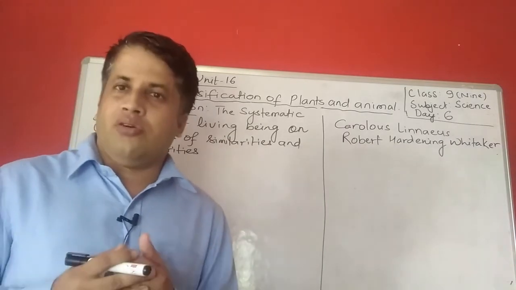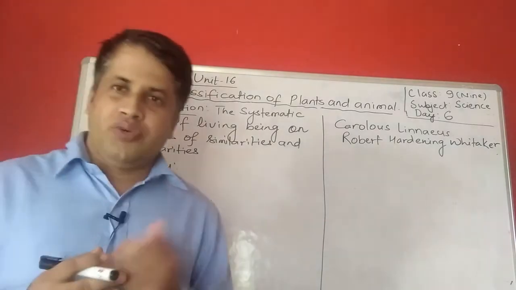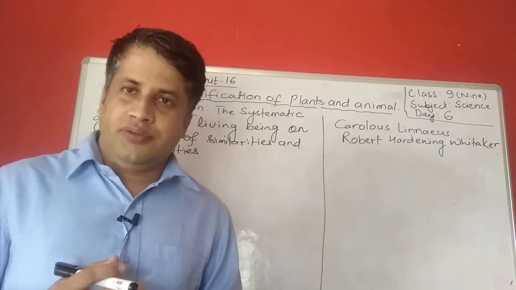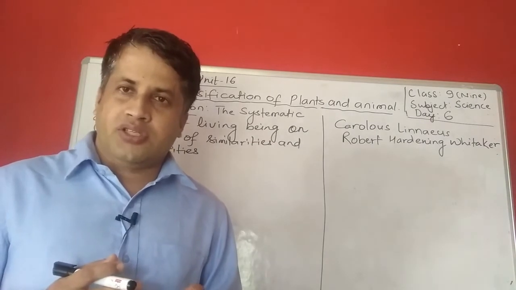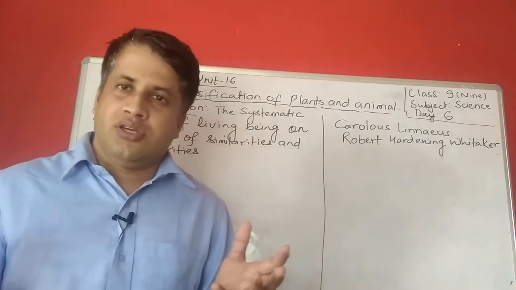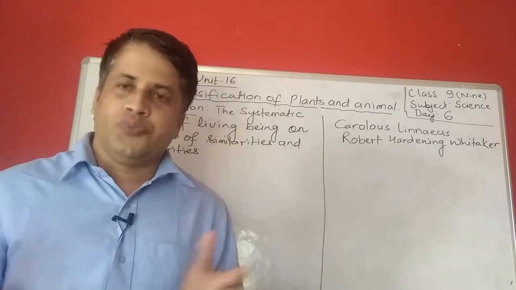And you all know that living things are those which have life in them and which show movement, respiration, sensitivity, growth, reproduction, excretion and nutrition. All these characters are shown by living organisms.